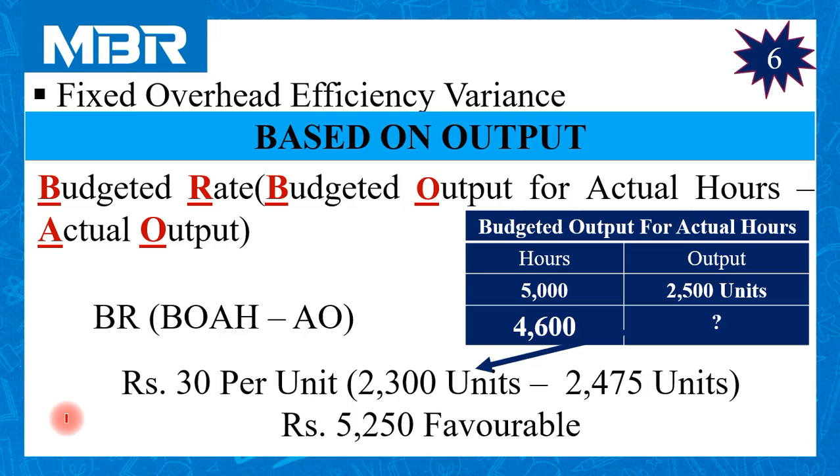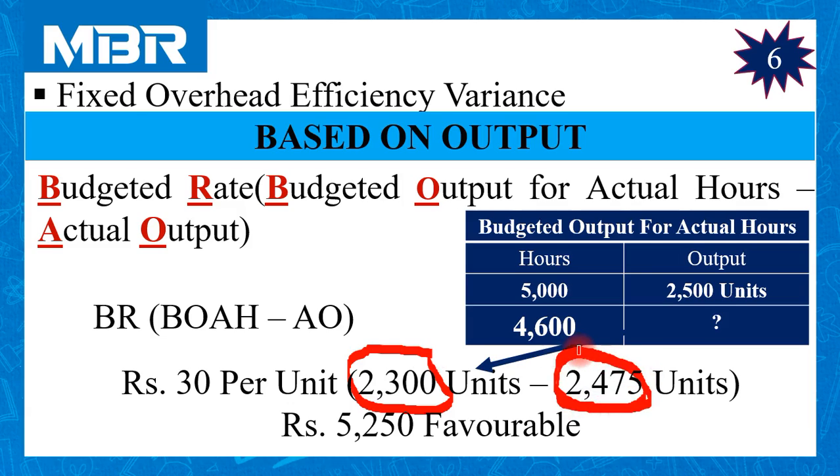Let us enter the data in the formula. Budgeted rate rupees 30 per unit. 2,300 units can be produced by the company in 4,600 hours only. But the company has actually produced 2,475 units. Let me explain again. The expected output is 2,300 units only, but the actual output is 2,475.